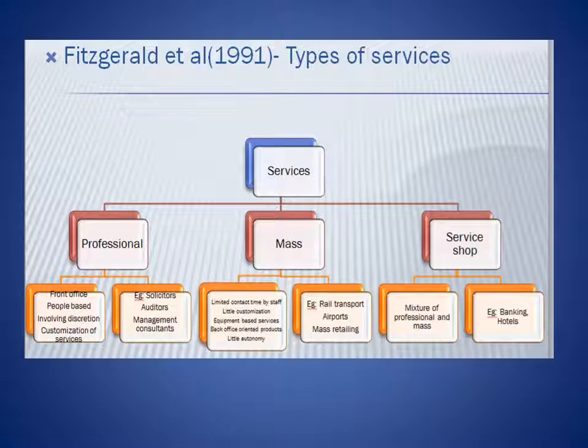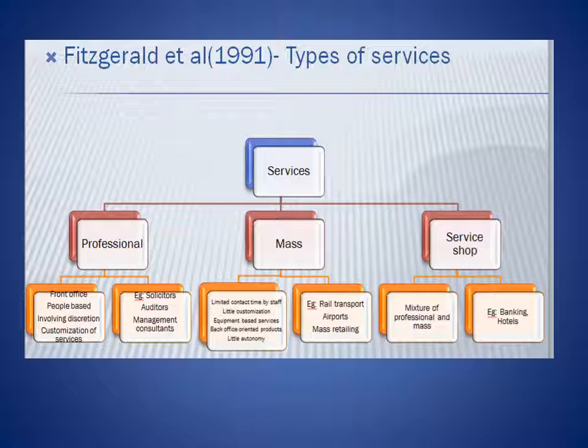Fisher et al. 1991 identifies that there are different types of services. When it comes to services, there are professional services like front office, there's the people-based involving discretion, then customization of services, and also there are management consultants, solicitors, auditors, etc. Whereas there's also mass services.